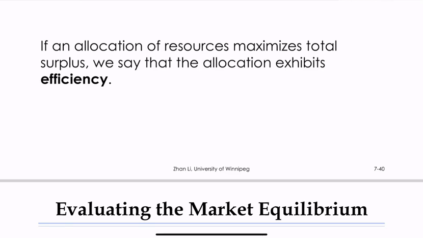That is, you're looking at total surplus as a measure of market efficiency. If you find out a certain price quantity pair which gives you the largest possible total surplus, then you could say that the market is efficient. Or following the textbook, you could say that the allocation exhibits efficiency.